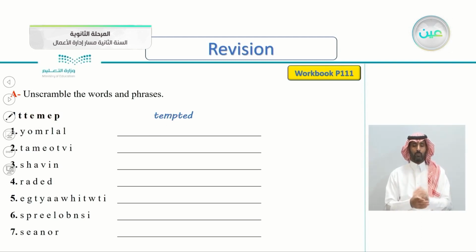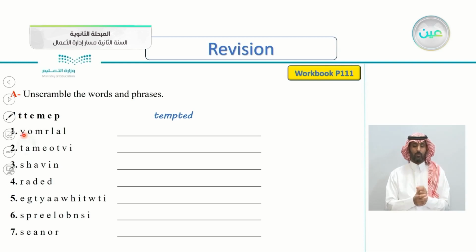So let's jump to number one, Y-O-M-R-L-A-L. This is the scrambled word, so you have to unscramble it, just like the first one here.